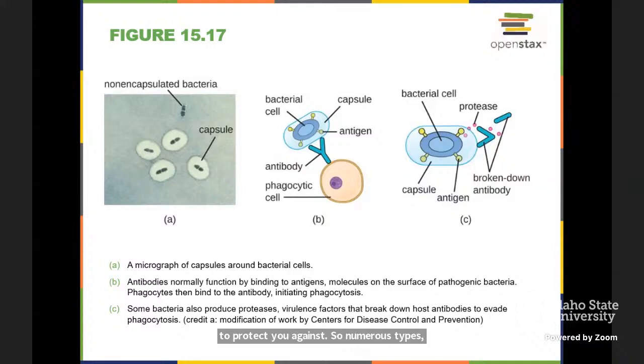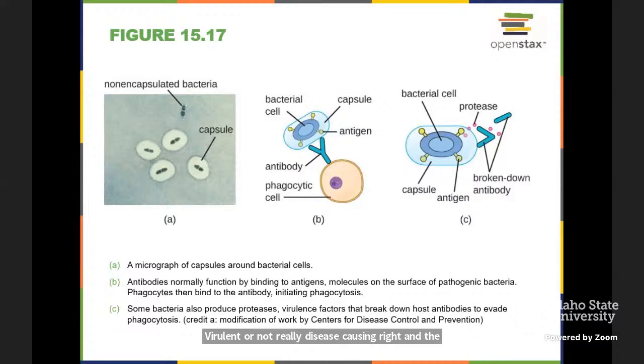But before we think details with that, the non-encapsulated forms are types of bacteria that we would think of as avirulent or not really disease causing, right? And the capsule forming ones, they are the virulent types, right?